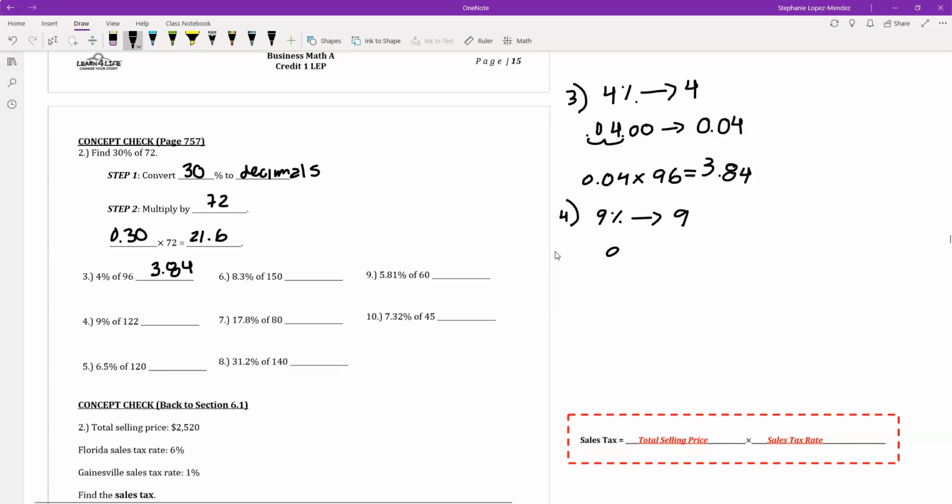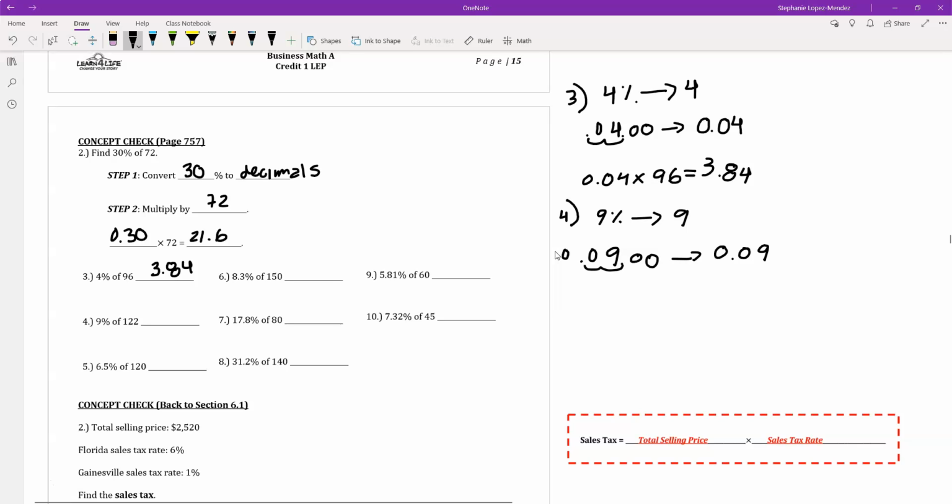And I write down 9.00 since it's a whole number. I move my point 2 places to the left. 9 is less than 10 and it's one digit, so I will need to compensate that with 2 zeros, right? So my answer is 0.09.